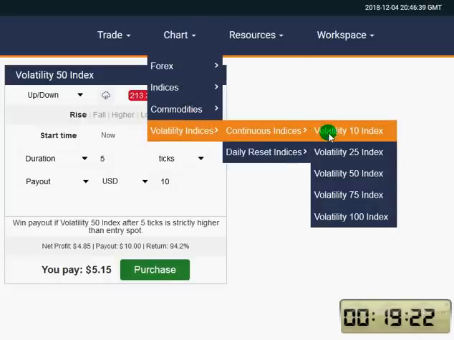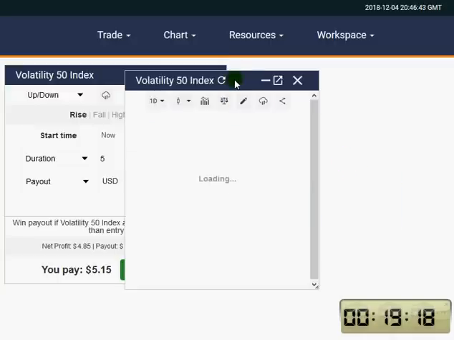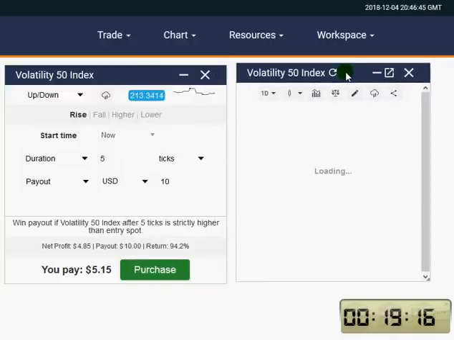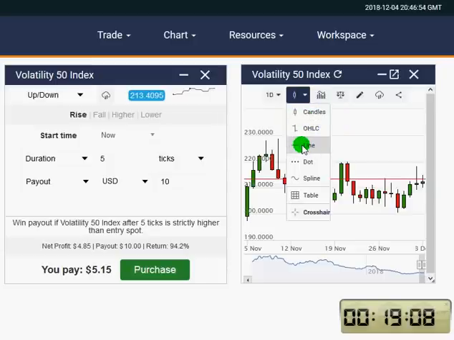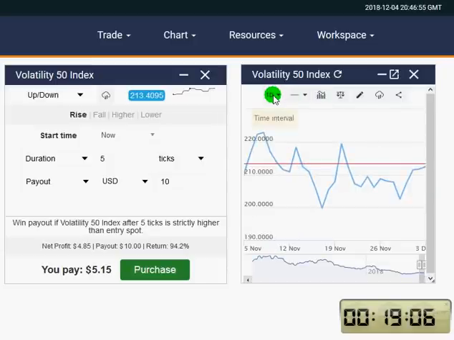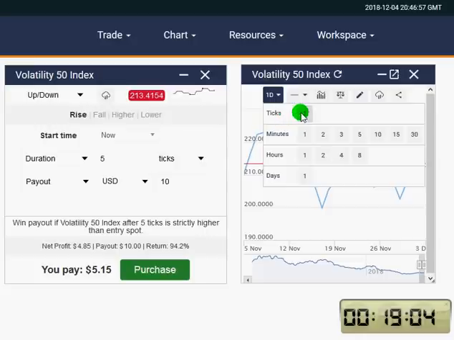So we are going to be using two indicators. So I open the chart too. So I move this close. So here we're going to change this to line. Then we change this to tick as well.